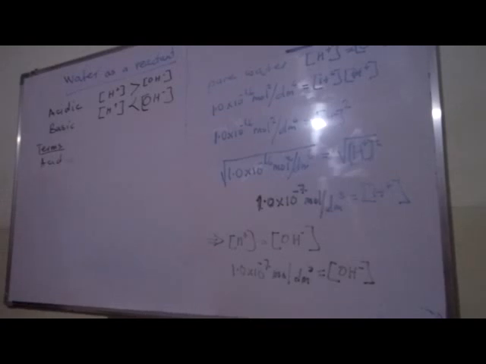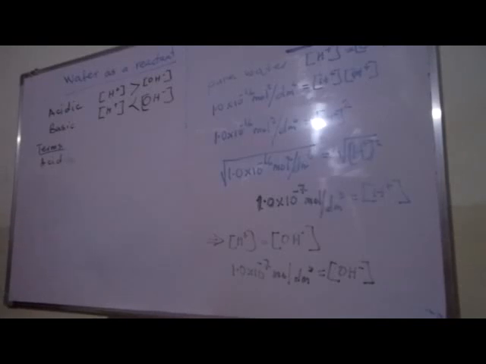If you are doing organic chemistry, you realize that the Lewis acids and Lewis bases are very key. Anything that is electron deficient, we might call it a Lewis acid. Anything that is electron rich, we might call it a Lewis base.